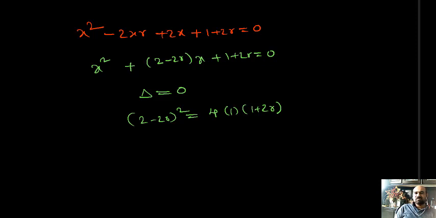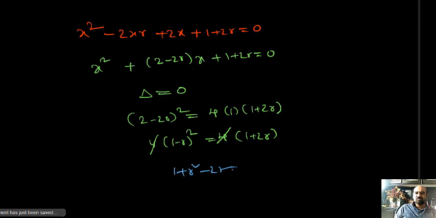Take 2 common here. I can write 4 times 1 minus r whole square equal to 4 times 1 plus 2r. The 4 gets cancelled. Expanding this, 1 plus r square minus 2r equal to 1 plus 2r, and the 1 gets cancelled.